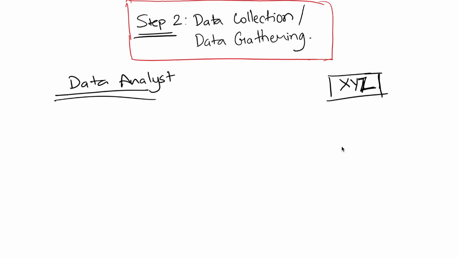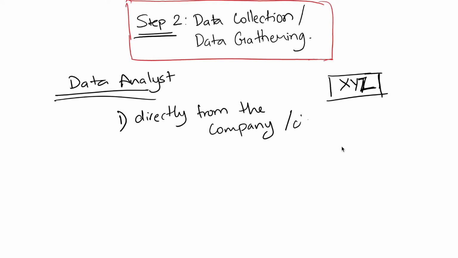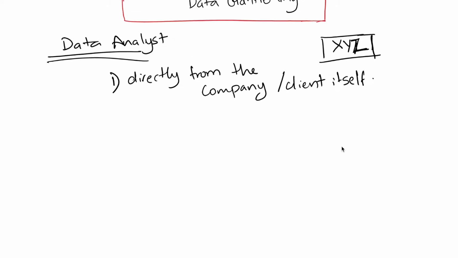Now, the first way that we can collect data is directly from the company or the client itself. Let's give a name to this client so that we are all on the same page. Let's say this client is Netflix.